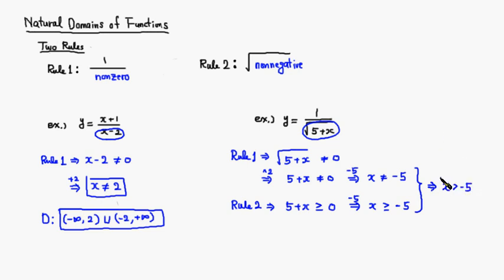We can write the domain this way, or in interval notation, it's a strict inequality starting from negative 5, so you have a negative 5, making sure to put the parenthesis so that it's a strict inequality, then all the way to positive infinity. So this is the domain of the second function.